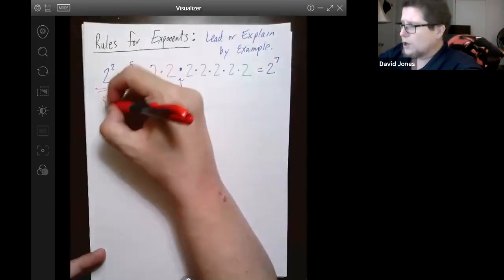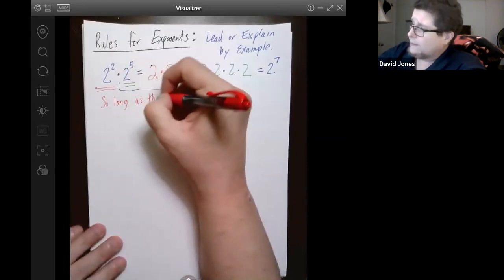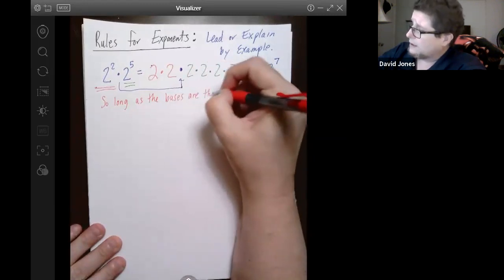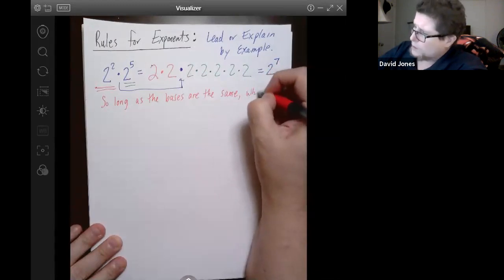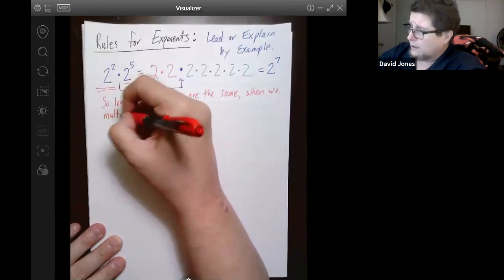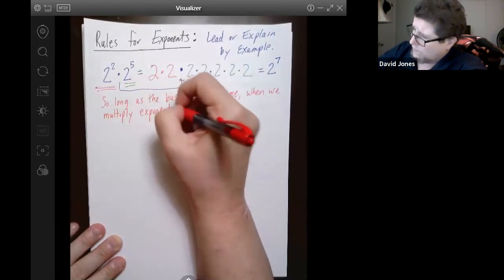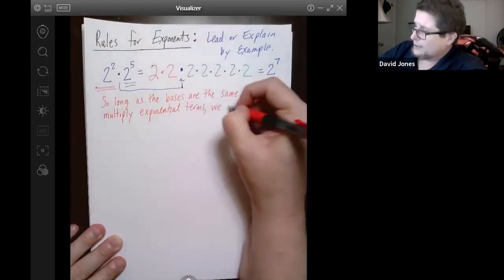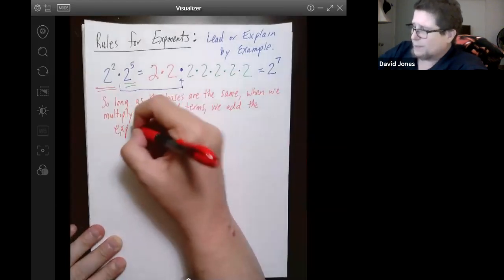So long as the bases are the same, when we multiply exponential terms, we add the exponents.